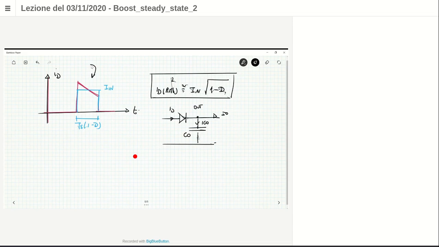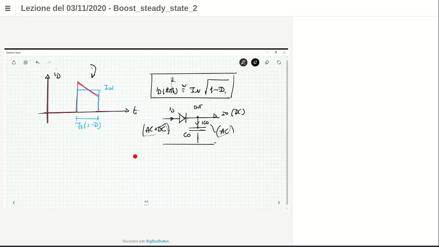This is the node that I call out. At the node out, we have DC current. We have a diode current which has AC plus DC. And then I have I0, which is only DC.